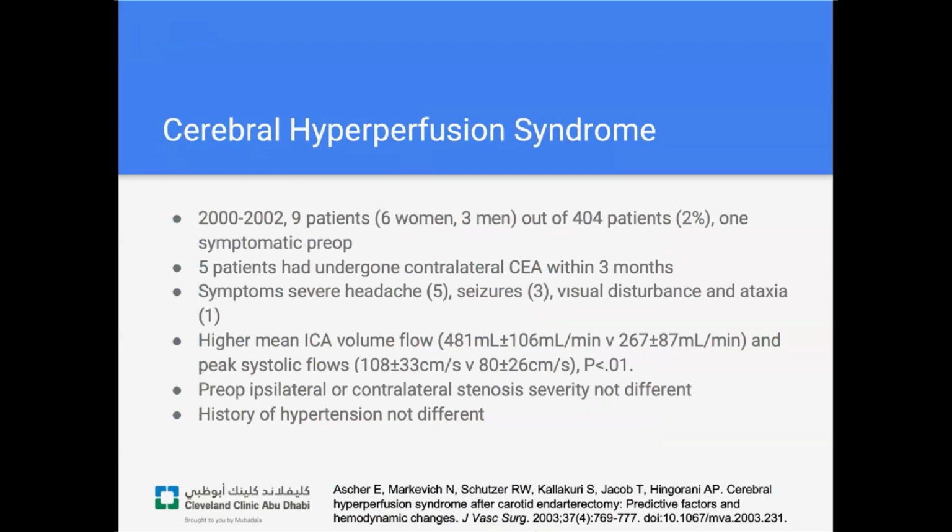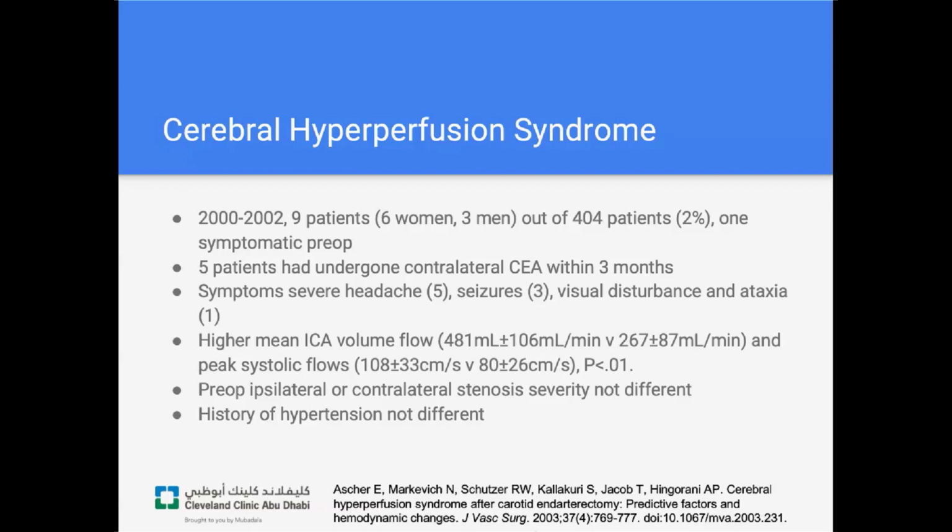The brain gets hyperperfused because it had lost autoregulation during the period of time it had no or very poor primary blood flow. It required collateral flow. This will result in hyperperfusion, and it can be seen on CT late as edema and hemorrhage and stroke and death, but early as headache, and so it's important to treat these focal severe headaches that may occur in patients postoperatively very seriously.